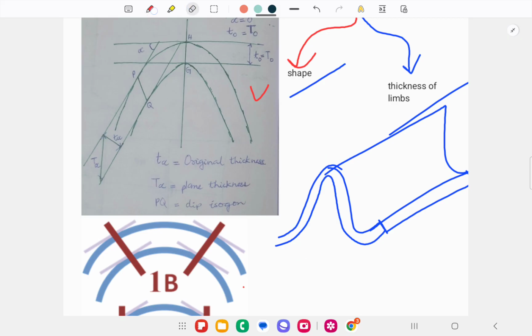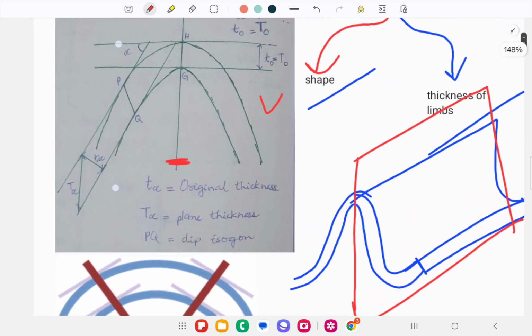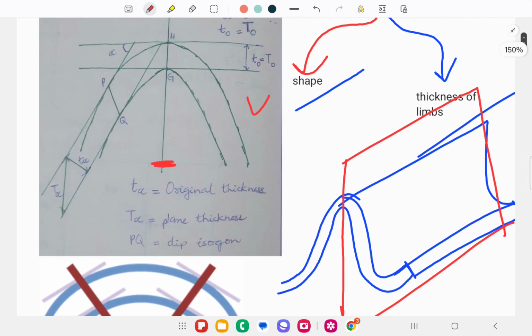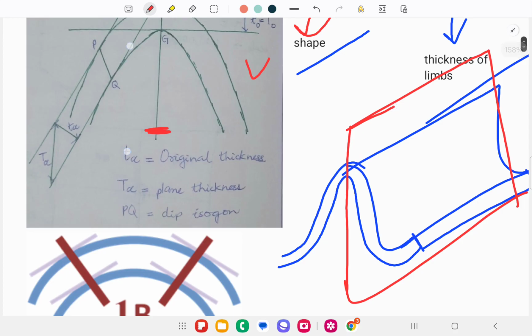When we draw a plane here, this is called an axial plane of a fold. From the front we see it as a line, so this line is called an axial trace. Actually it's a plane, an axial plane.